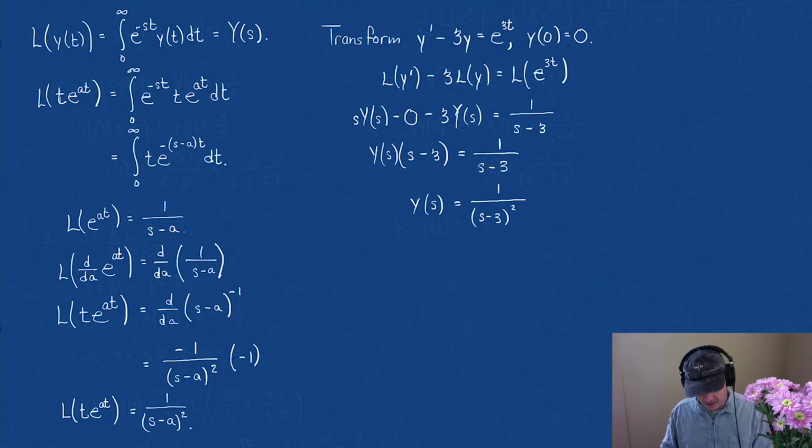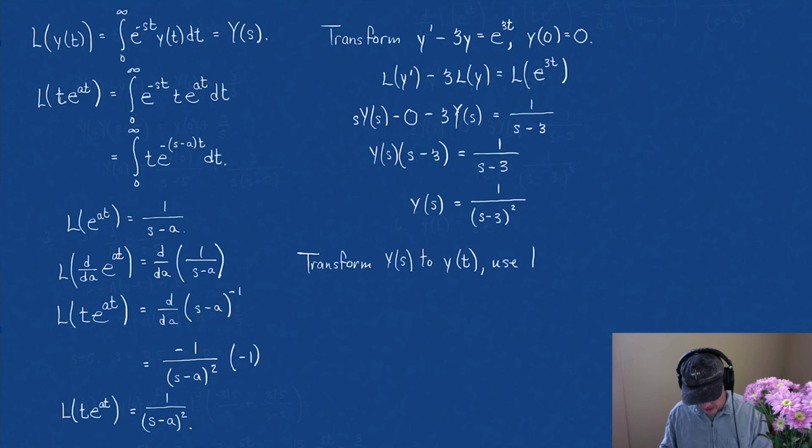Now let's transform Y of s to y of t. In other words, use the inverse Laplace transform. Now look at this, s minus 3 squared.